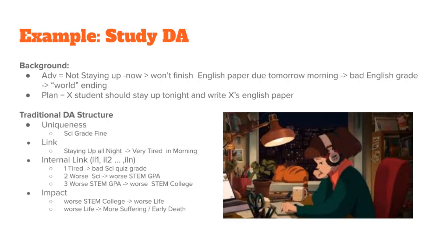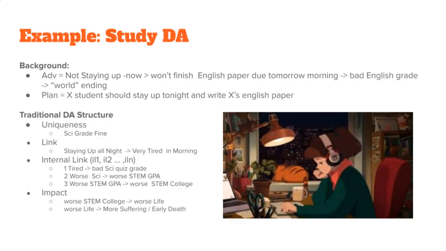Uniqueness: the science grade for Sophia is fine. The link: by staying up all night, she's of course very tired in the morning. The internal link: being tired means that when a science pop quiz pops up that she doesn't know about, she's going to bomb it. A worse science grade might mean a worse STEM GPA, which might mean a worse STEM college. Oh no, now we get into impact land.